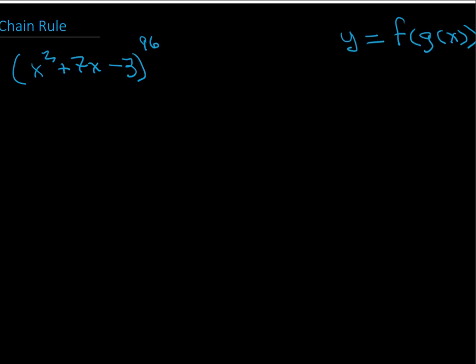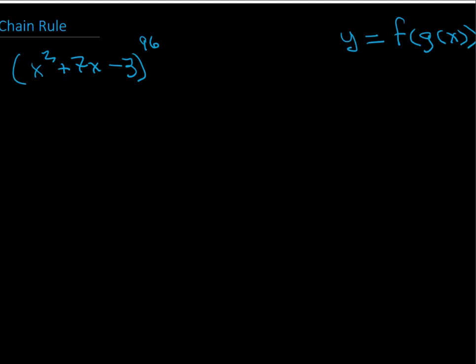Okay? The idea of this notation is the f represents a function on the outside, and the g represents something on the inside. How does that work with this function we have over here?